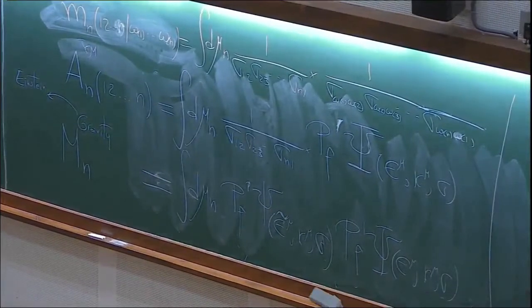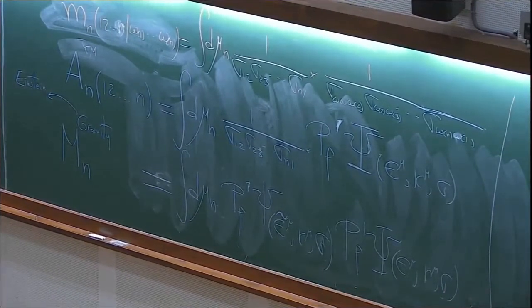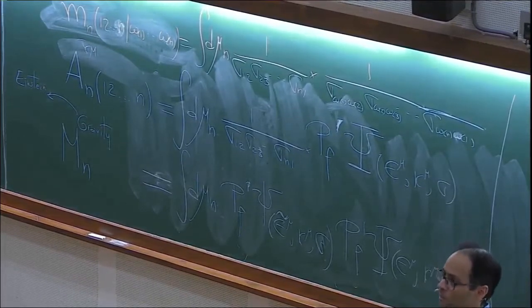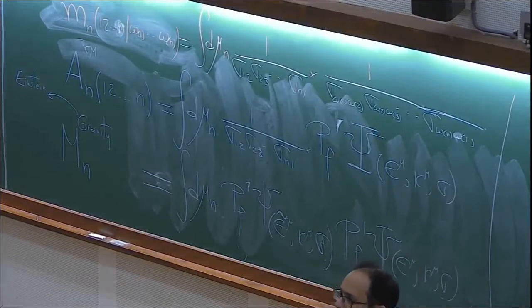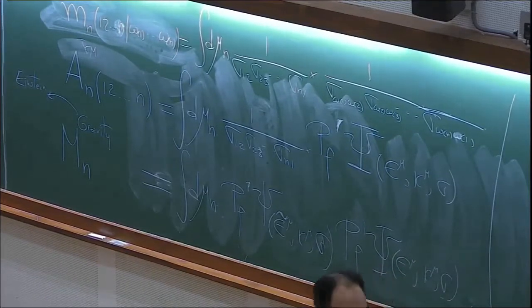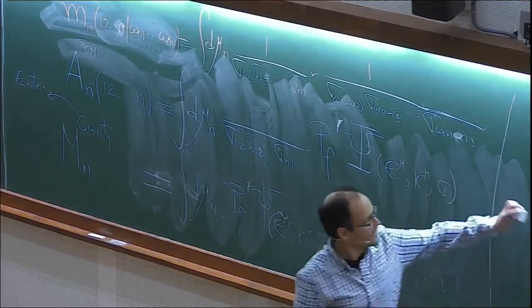So you could try to change this formula to produce things that correspond to R cubed terms. In fact, people have done it, so you can look at papers by Song He, where they have developed formulas for computing higher derivative corrections. Okay?